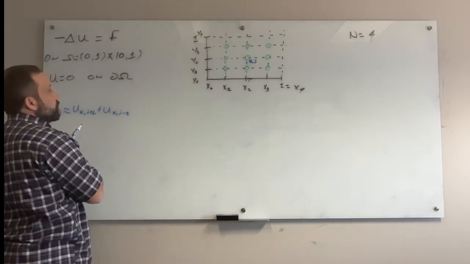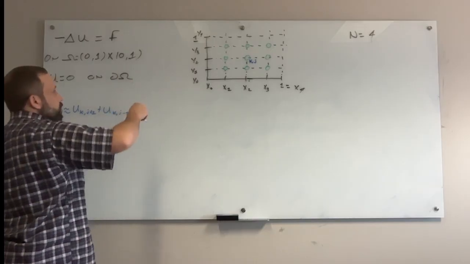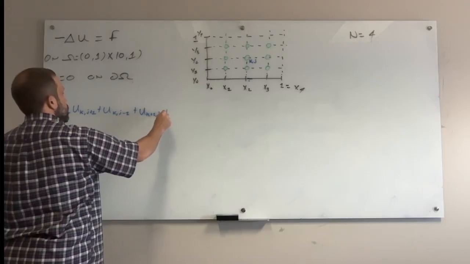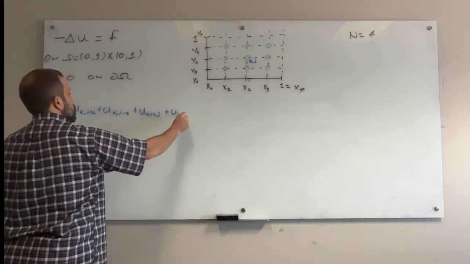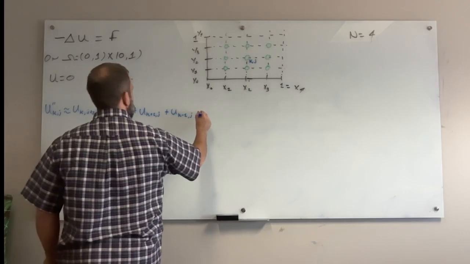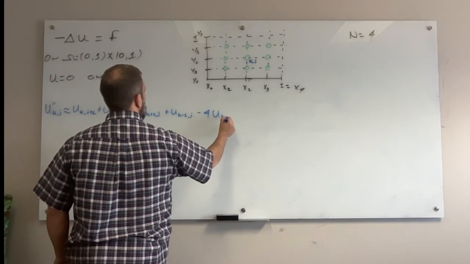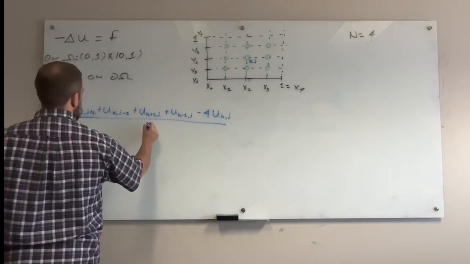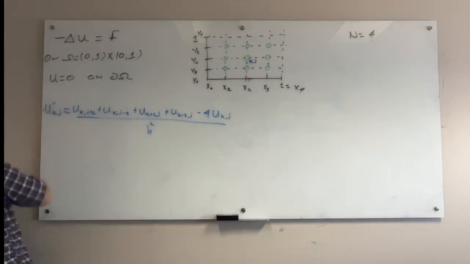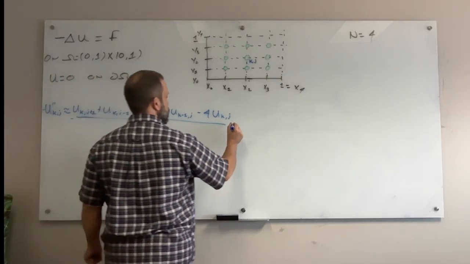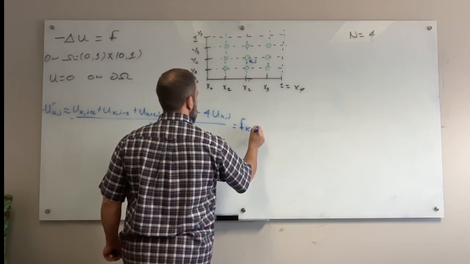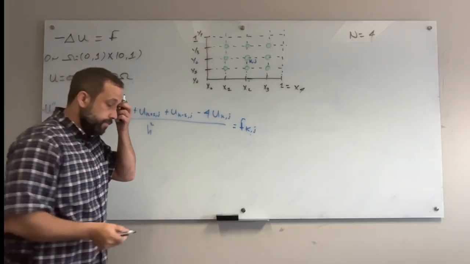Okay, and then I need to go up and down, so plus u_k+1,j plus u_k-1,j, and then minus 4 u_kj, and then all of this divided by h squared. And if I have a minus sign here, I get a minus sign there, and then for the system of equations, I set this equal to f_kj. That is f evaluated at that point there.